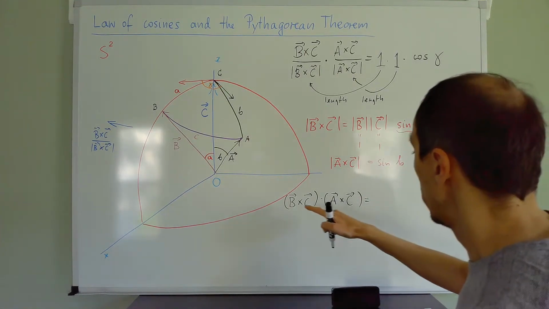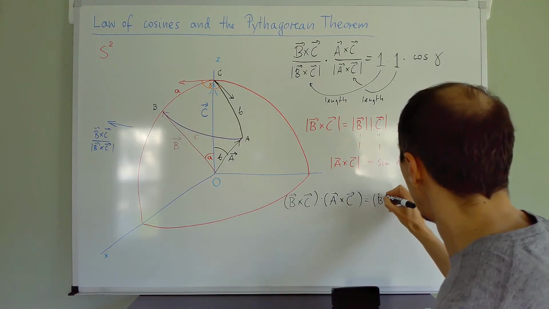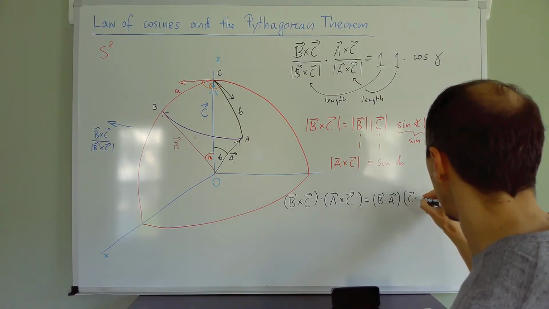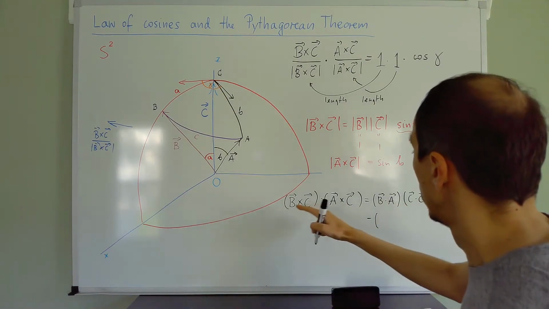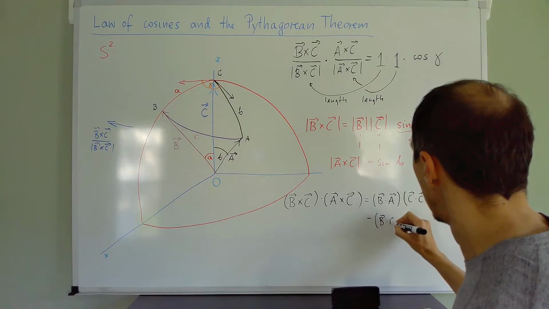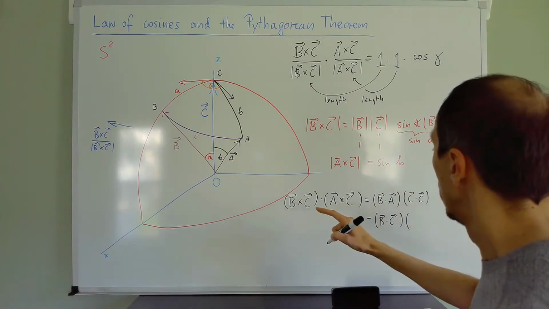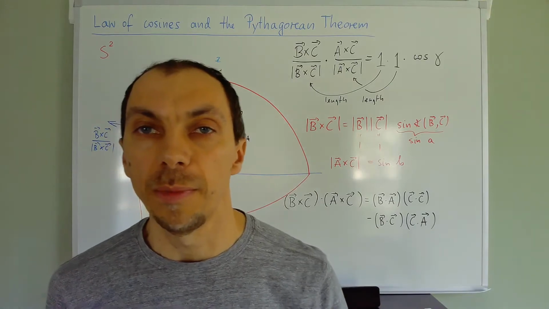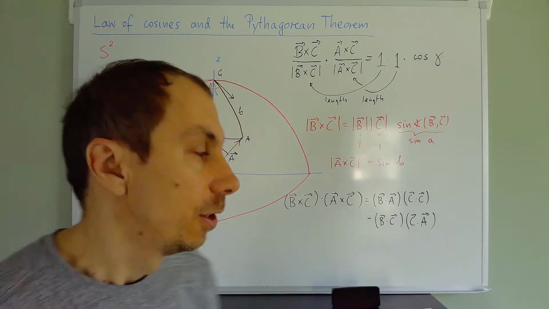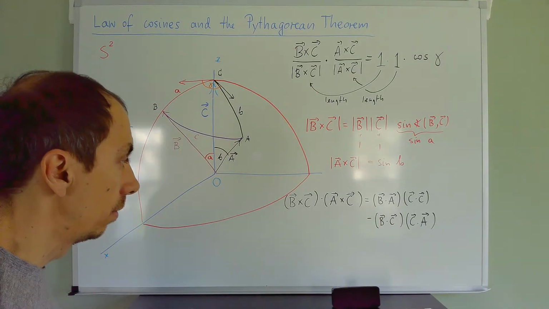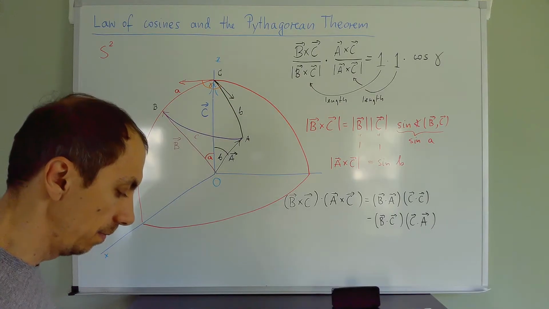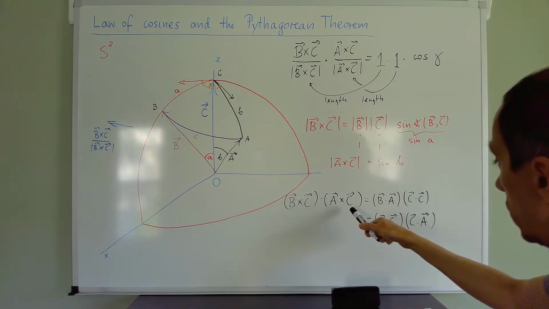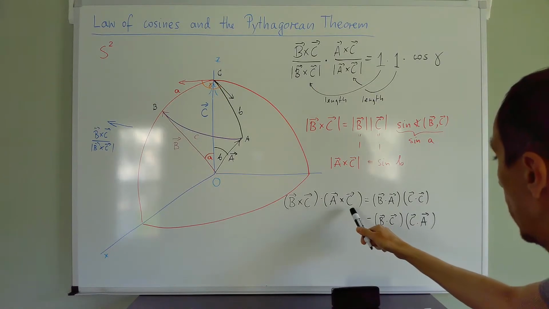It was first this dotted with that, times this dotted with this, minus this dotted with that, times this dotted with this. If you watch the video about the review of dot product and cross product, this was the one formula that we didn't derive there. We talked about it there. Let me just double check. That's this times this times this times this, minus this times that and this times that.